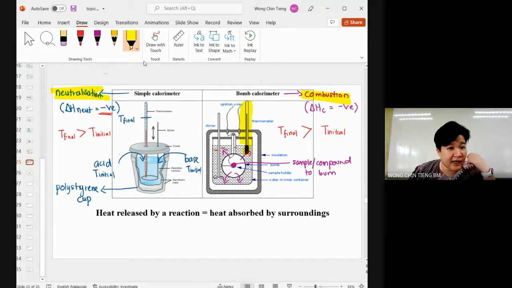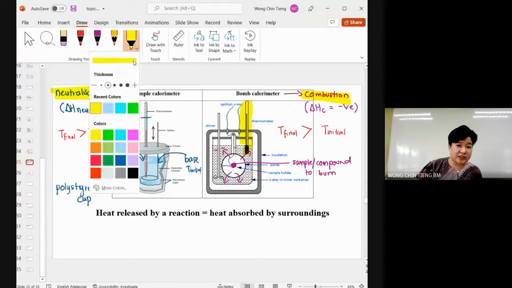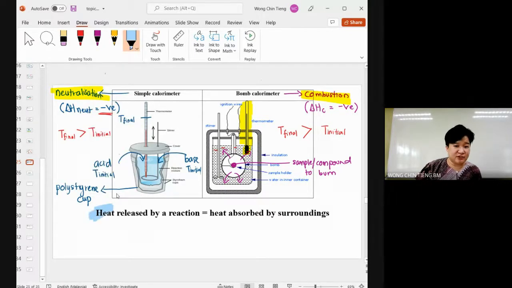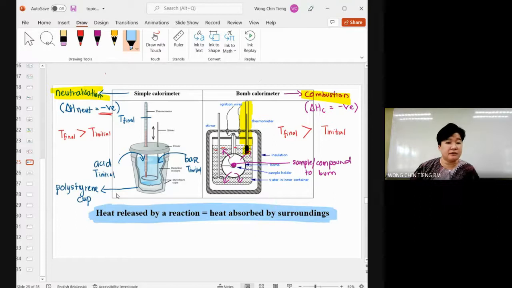And last but not least, before we move to our calculation, heat is actually a type of energy. You learn in physics. Can we make the energy disappear? Boleh tak kita musnahkan tenaga tu? No. Apa yang kita boleh buat kat tenaga?